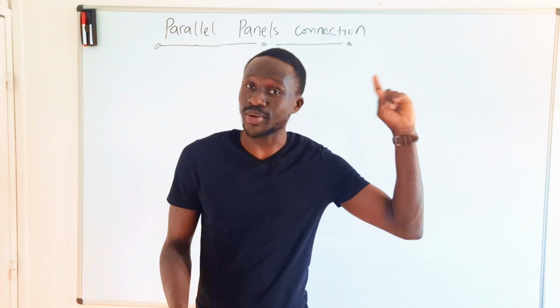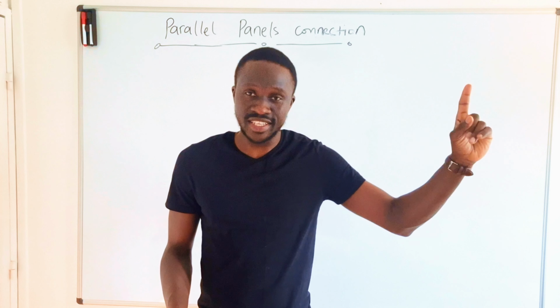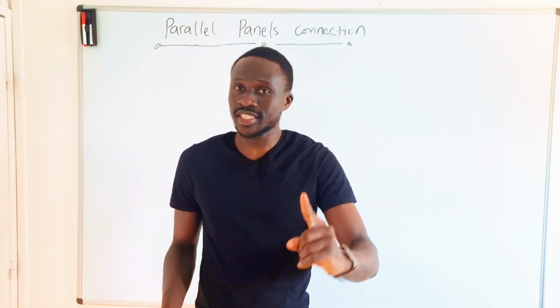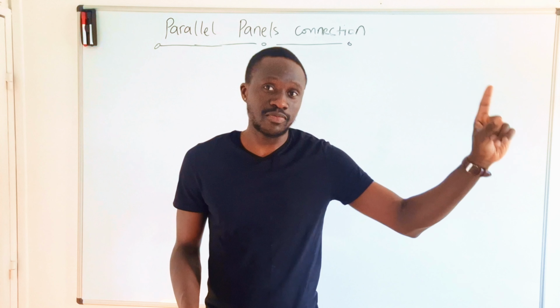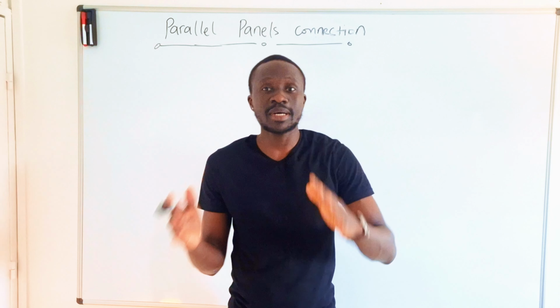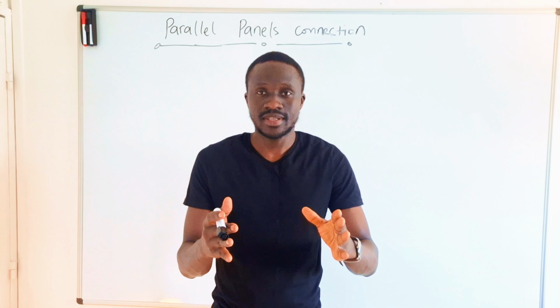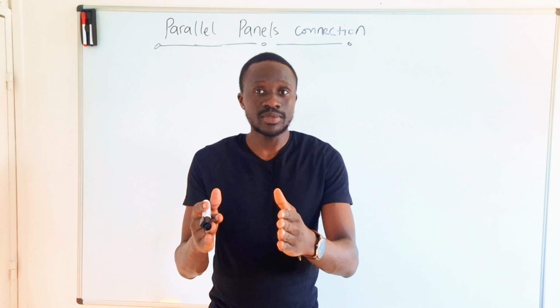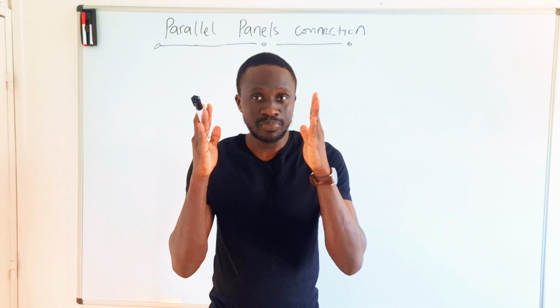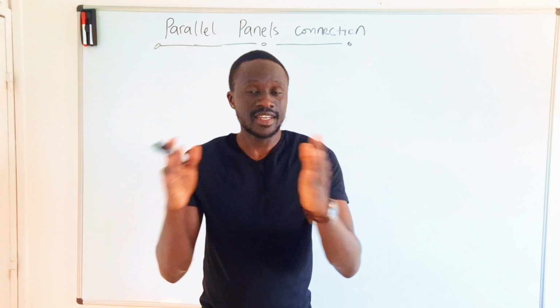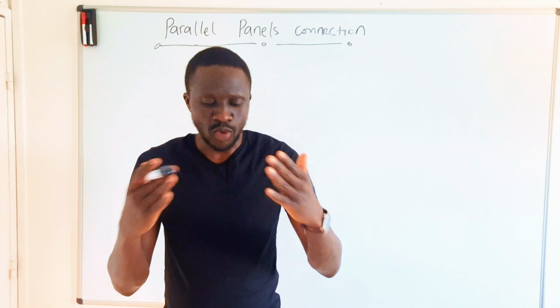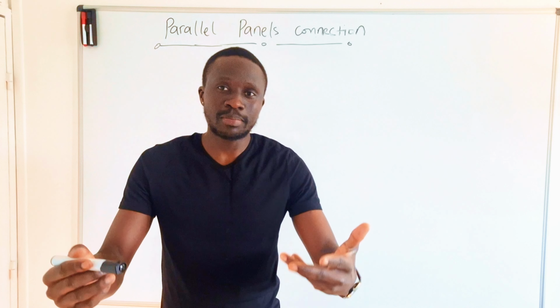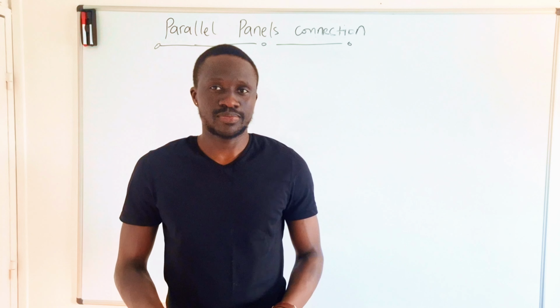If you have not watched, go back and watch the video on why solar panels are connected in series. This time round, we are basing on parallel. Why do we need to connect solar panels in parallel?